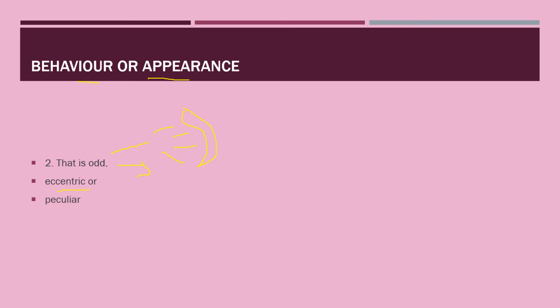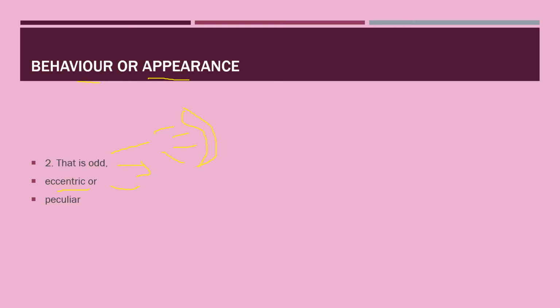They are eccentric. That means their behavior can be eccentric, that they are running when they're supposed to be sitting. They are saying something when they shouldn't be saying it, and it just doesn't sound right.